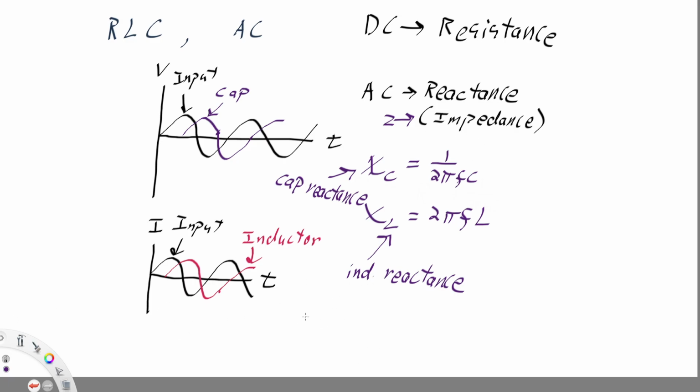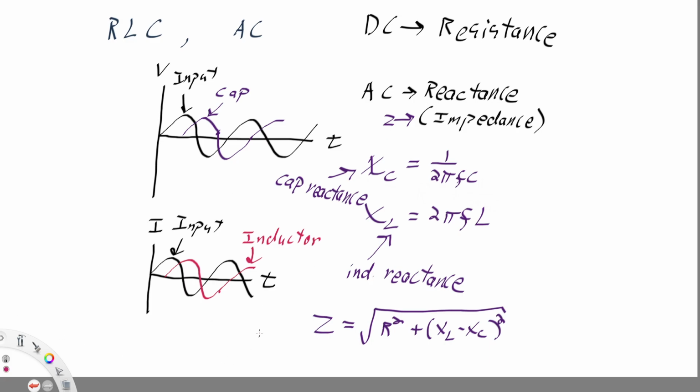And then the total behavior of the circuit with time varying current. The actual resistors play a role in how difficult it is to force current through a circuit. But then the inductors and capacitors also play a role in how difficult it is to force current through a circuit.